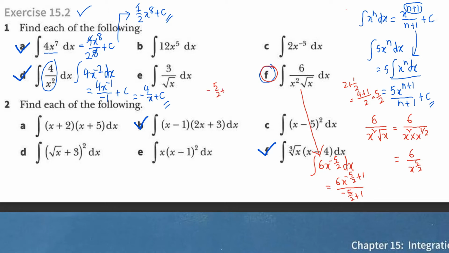Minus 5 by 2 plus 1, it gives us minus 5 plus 2 divided by 2, which is minus 3 over 2. So right there we can write it 6x to the power minus 3 by 2, and its denominator is also minus 3 by 2 plus c.